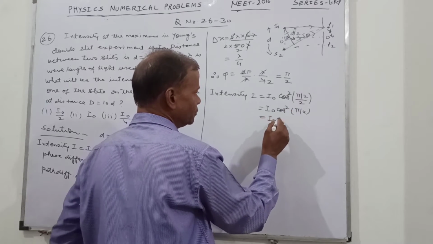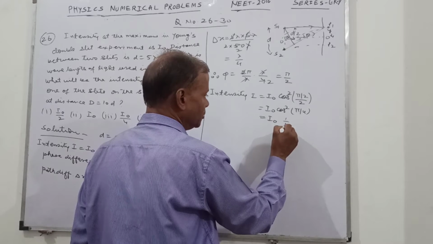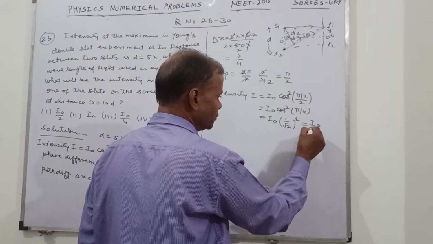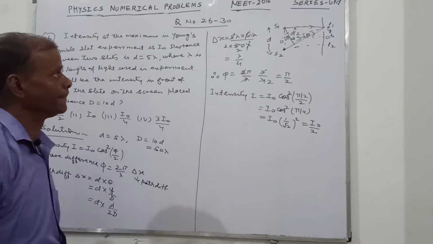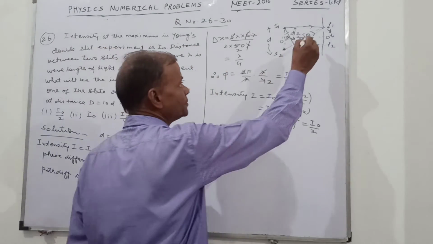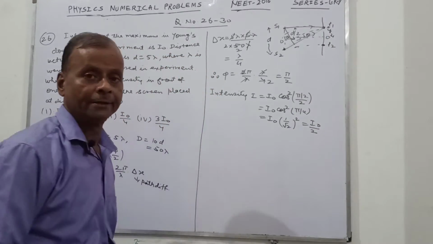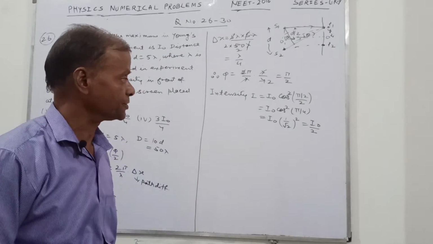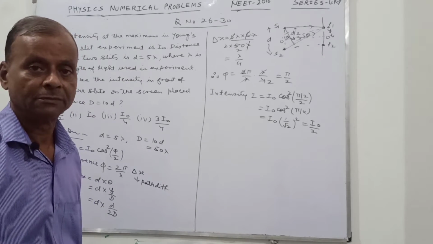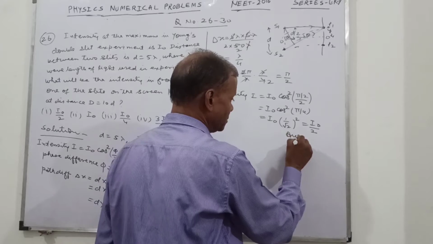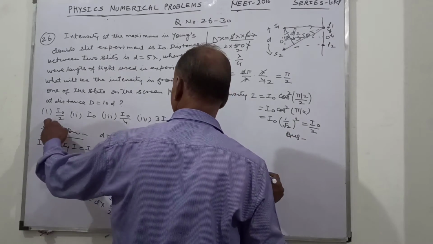So this is I naught into 1 upon root 2 whole square, so this is I naught upon 2. So at this point, P1 or P2, the intensity will be half of the maximum intensity. So the right option is the first.